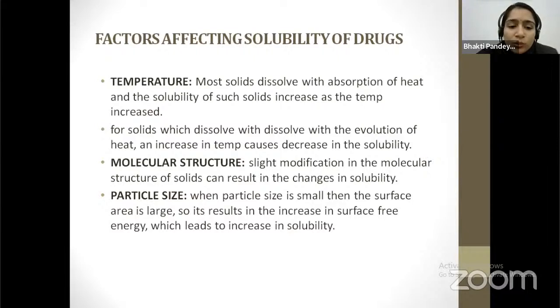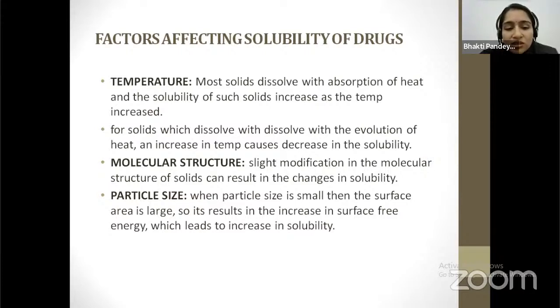Then comes the molecular structure. Molecular structure can also affect the drug's solubility, as slight modifications in the molecular structure can change the results of solubility, because if the molecular structure changes, then properties will also change, and hence the solubility will also change.